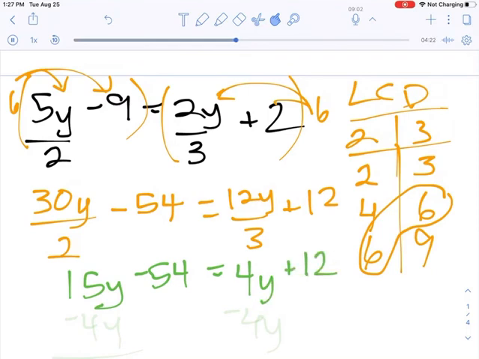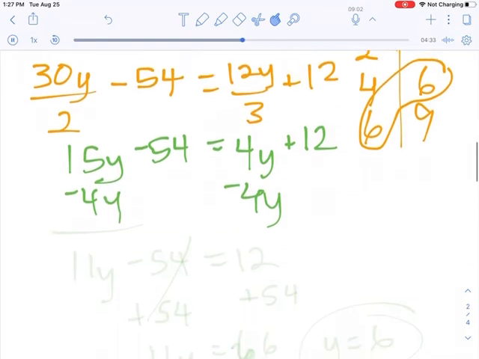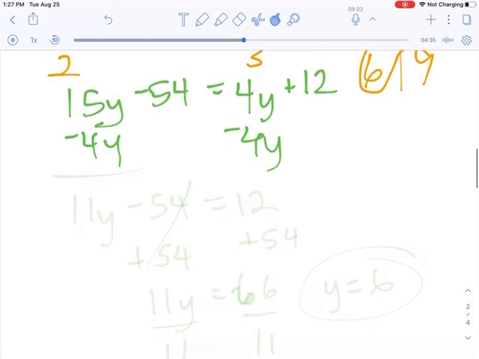And let's get our y's on the same side. Just to make things a little simpler, I'm going to subtract 4y from both sides because 4y is smaller than 15y, and it keeps my numbers positive. So I'm going to get 11y minus 54 equals 12.